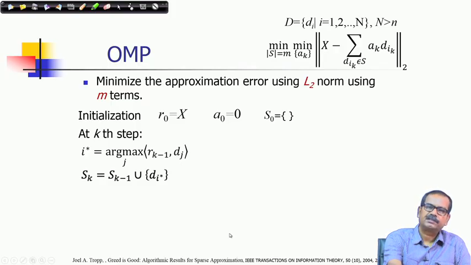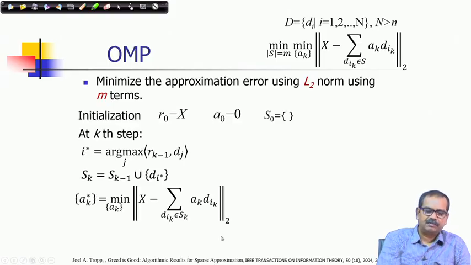That is the difference from matching pursuit. But by doing it, you are ensuring that all the atoms selected in the set S, that means Sk at kth iteration, are orthogonal to the residue Rk at that stage, the kth stage residue.